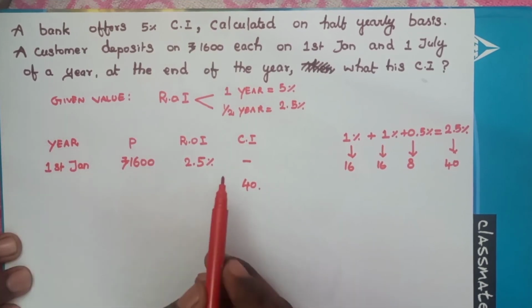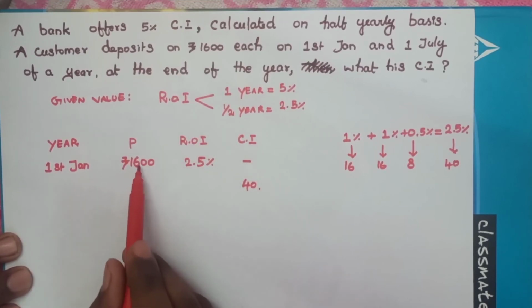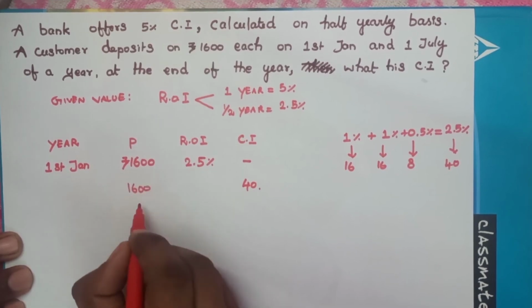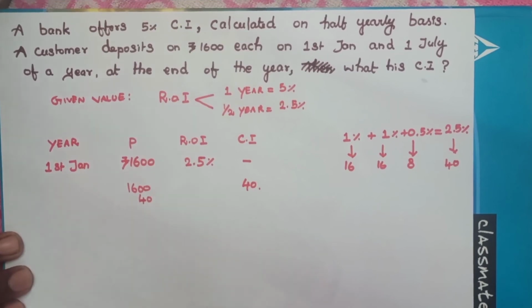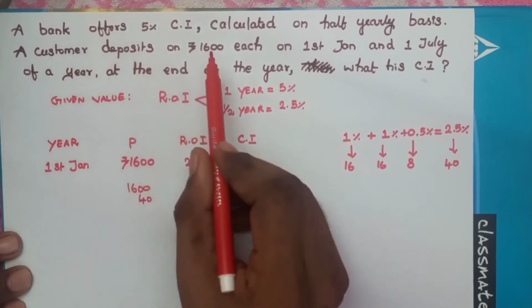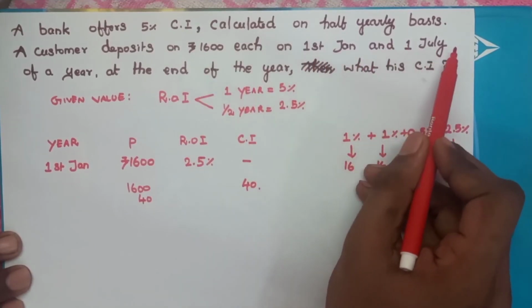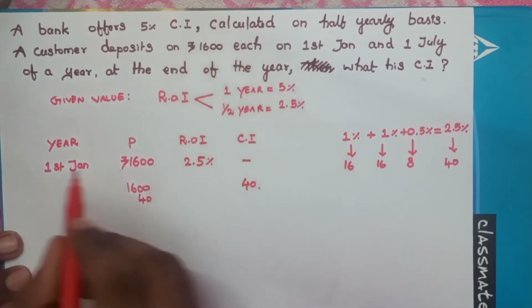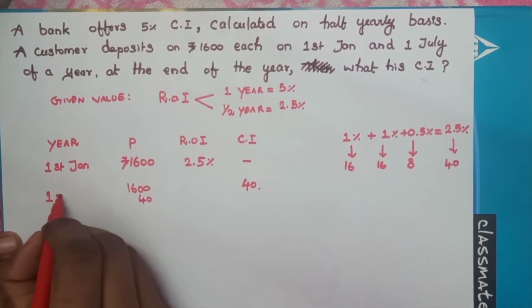And we have known in compound interest, we will just add the previous principal plus interest amount, right? So 1,640. We will note down one important point. A customer deposits 1,600 each on 1st Jan and 1st July. On 1st July also, the customer will invest 1,600 rupees. And here, the end of 6 months means it's 1st July.